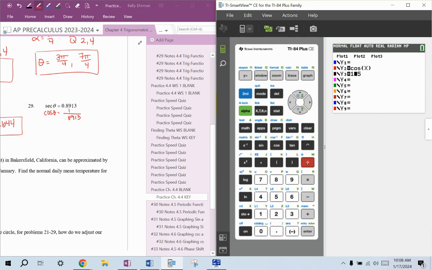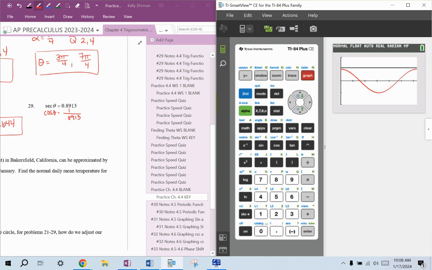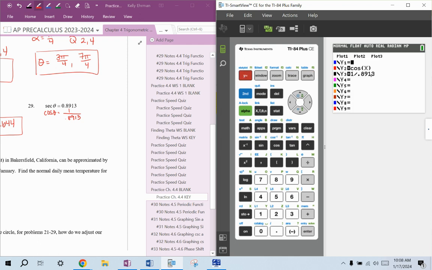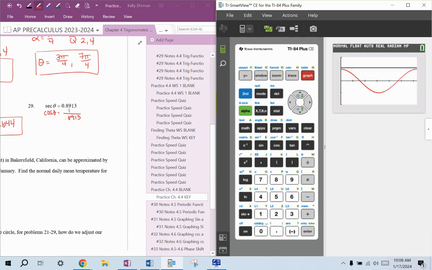This is 1 divided by 0.8913. And then we graph. Oh, wait, what? My points of intersection don't seem to be fitting, which is kind of weird. Oh, duh. Okay.